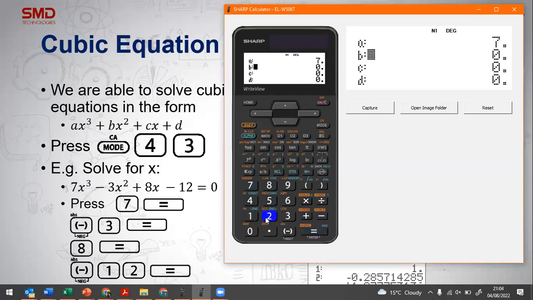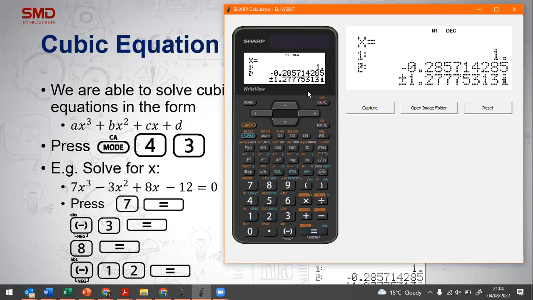And then B, I've got negative, so use the negative button, 3 and equals. C is positive 8, so it's just 8 equals. And then D is negative 12, so negative 12 and equals. And then you can see we've got one real solution and then a conjugate pair as well for this cubic equation.